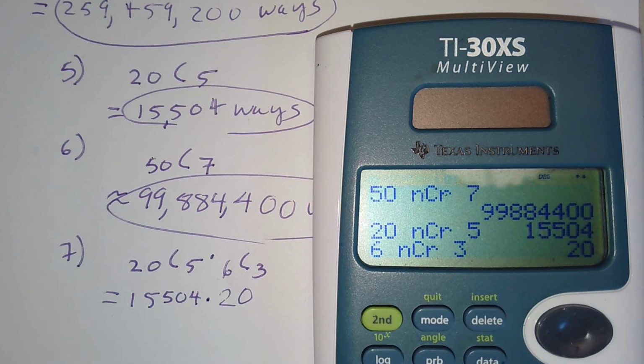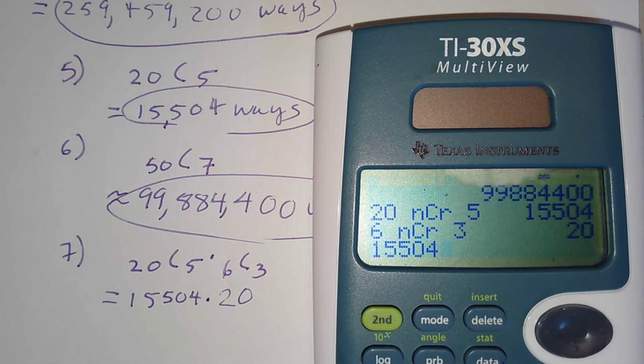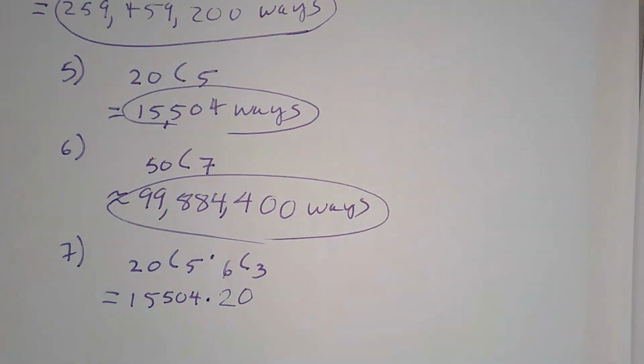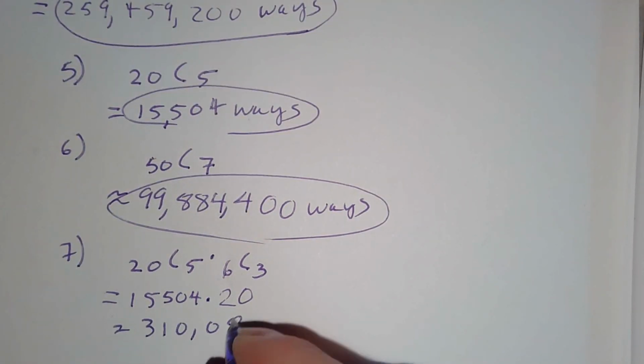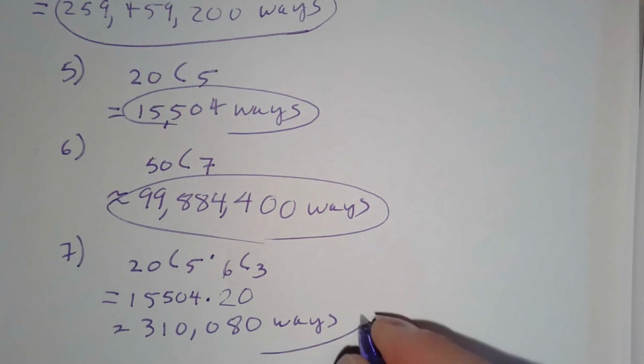And now we're going to multiply those two numbers together. So 310,080. And so that's how many ways that committee can be selected.